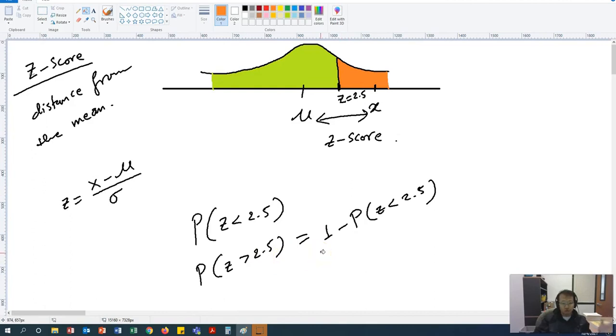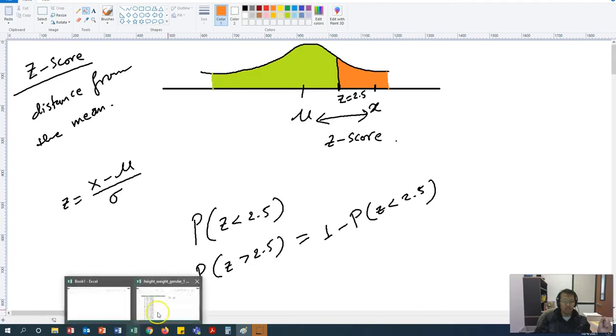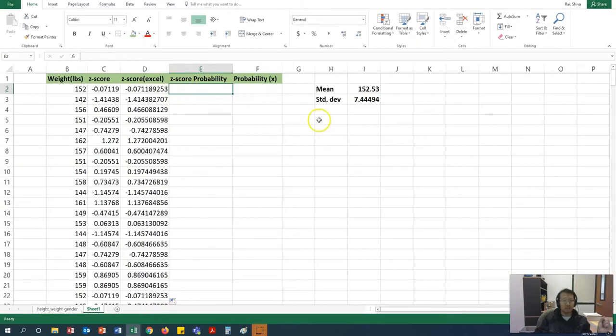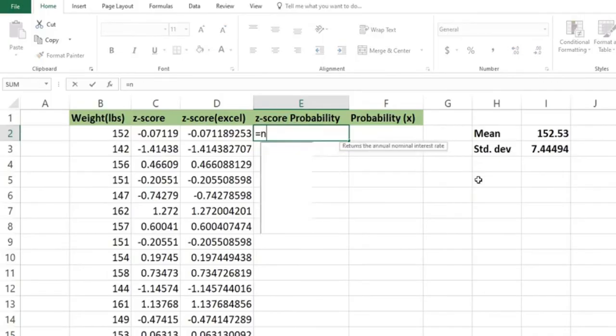To find that, we have a formula as well. So let us go for z-score probability. We have a formula that is equals to NORM.S.DIST, which assumes the standard normal distribution. What is the standard normal distribution? It is a distribution whose mean is 0 and standard deviation is 1.